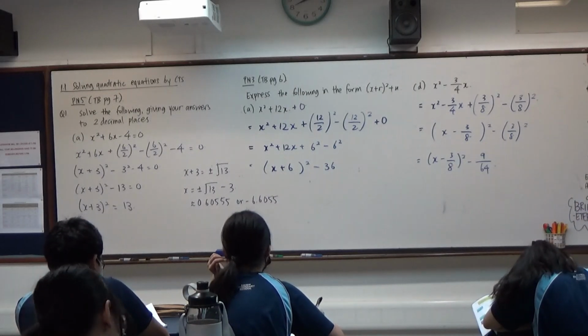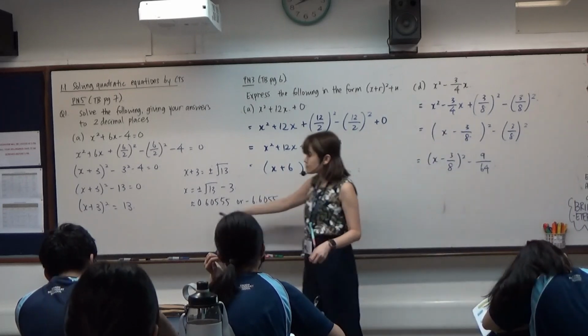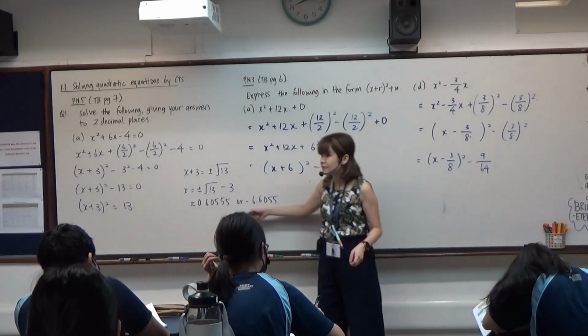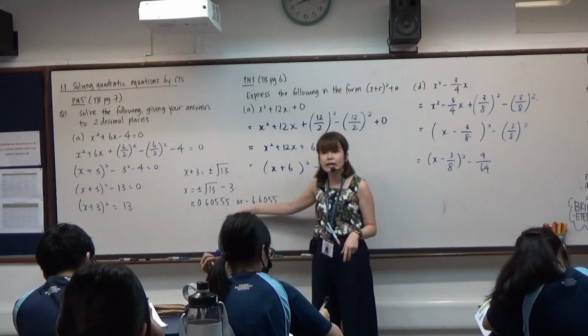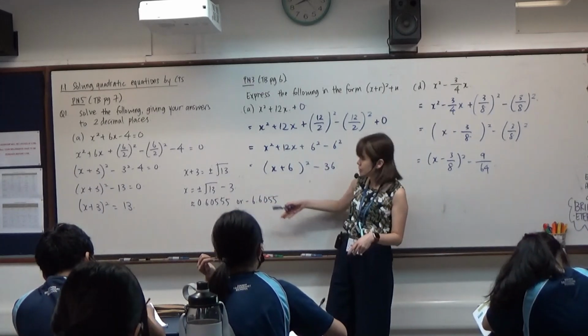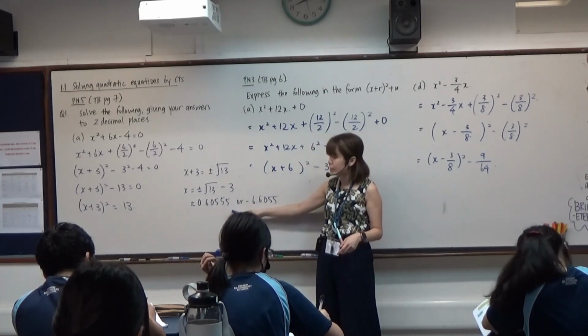For the benefit of our new students this year, the expectation that we have been driving since the rest of us in Set 1 is that we always give our answer to truncated 5 significant figures. Truncated means that we just chop off the remaining digits. So we look for 5 significant figures.